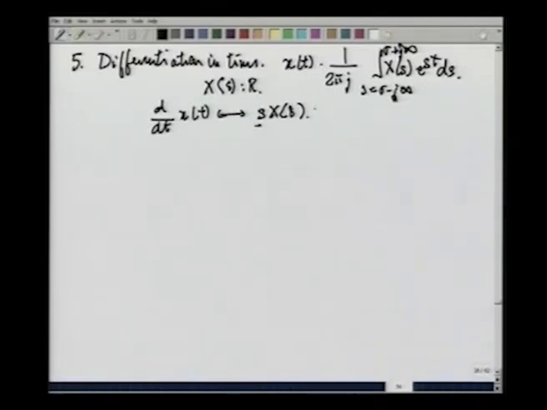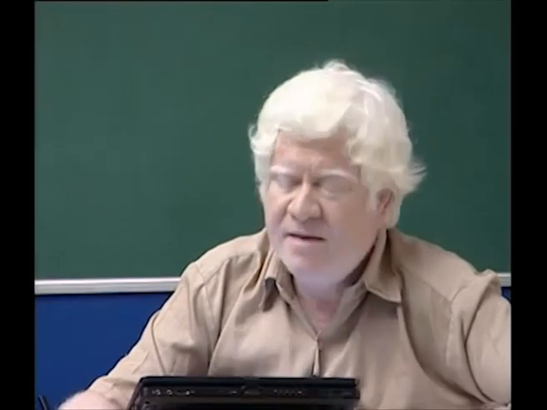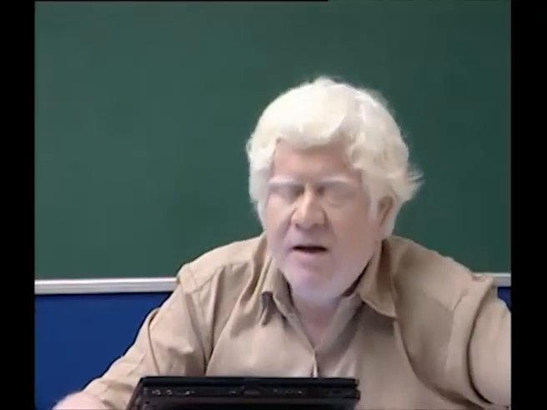So, we can only say that R dash is a superset of R, probably the same, but if X of s has a pole at s equal to 0, then that pole will cancel with the factor s that has just appeared, and you will have an expansion of the ROC.